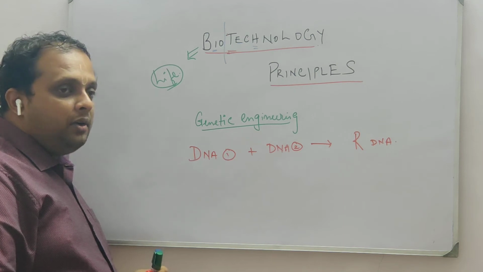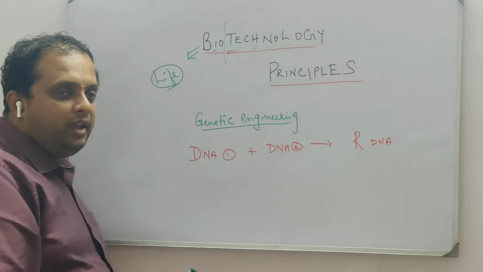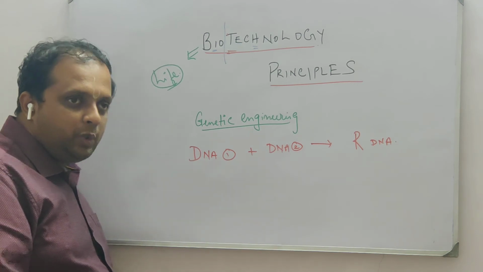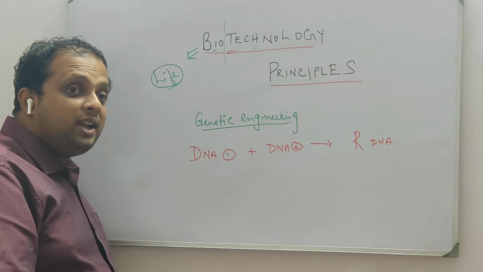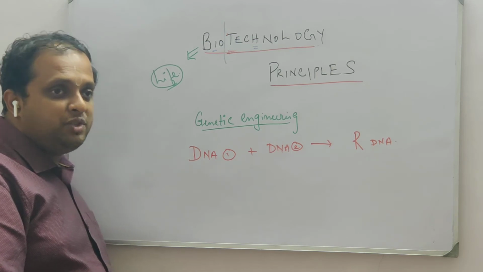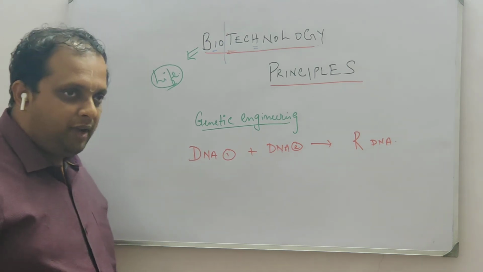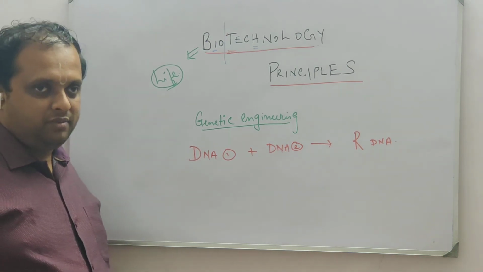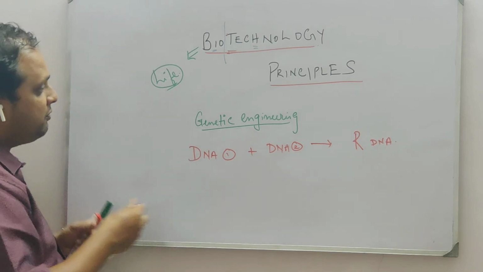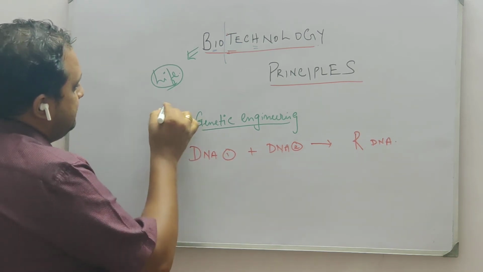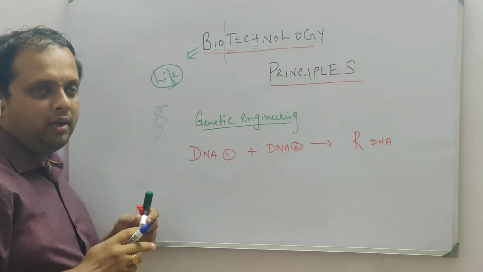This is the principle, or the equation. A word of caution: the word DNA here is not only the double-stranded helical structure proposed by Watson and Crick. Everyone would imagine that structure, and yes, that is DNA, no doubt about it.